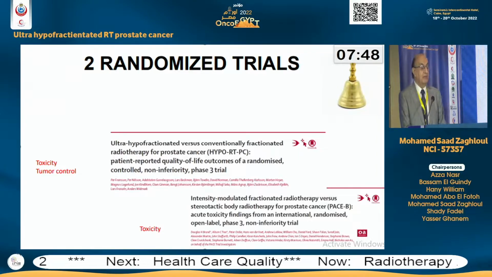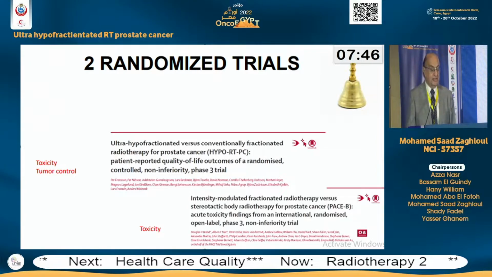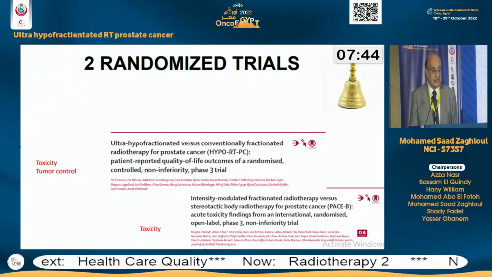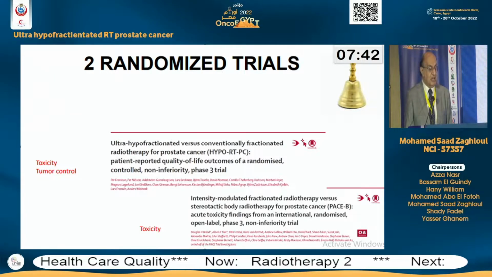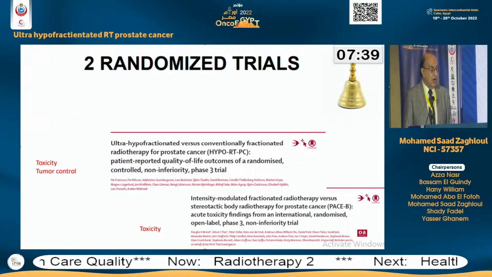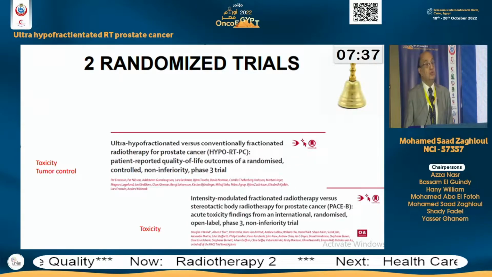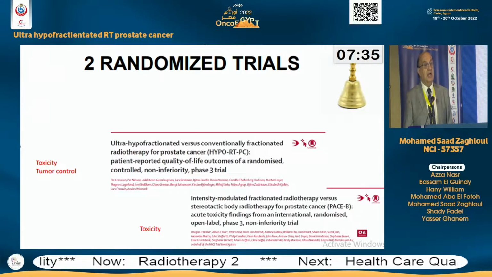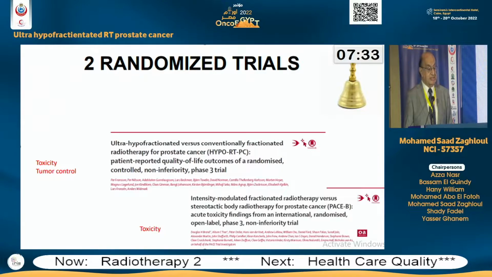There are 2 randomized trials which have established this ultra-hypofractionation. One is for toxicity and tumor control, and the other is restricted to toxicity.